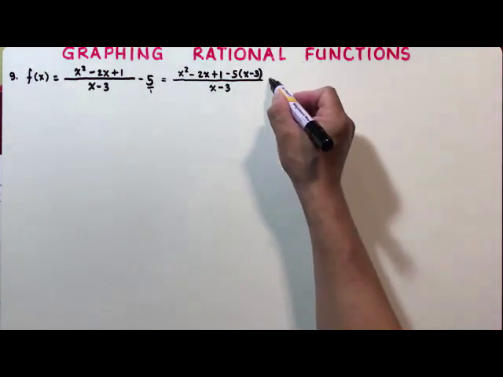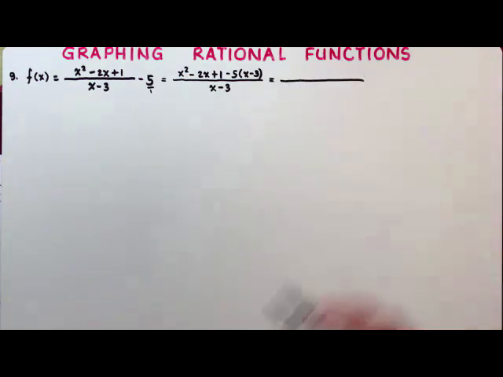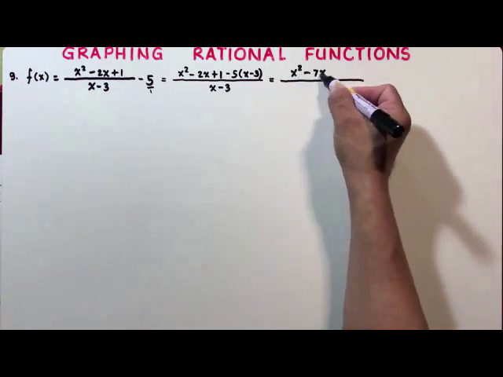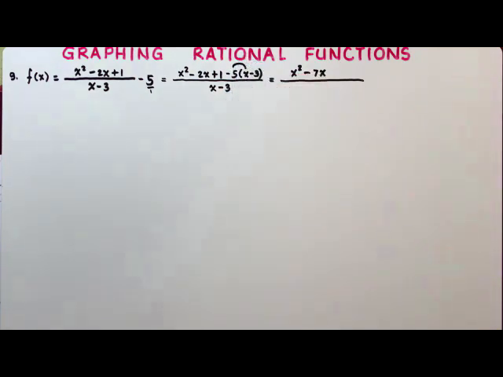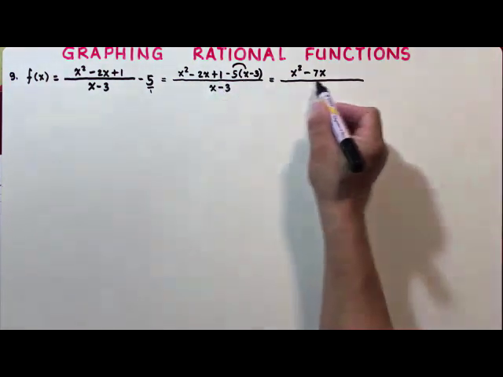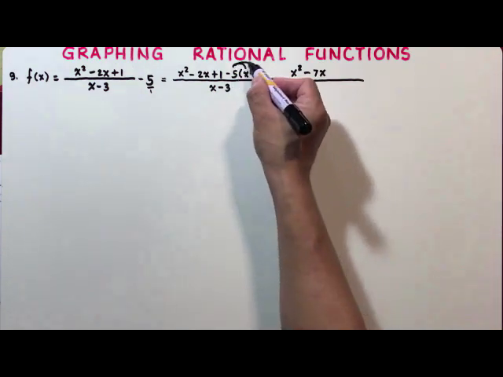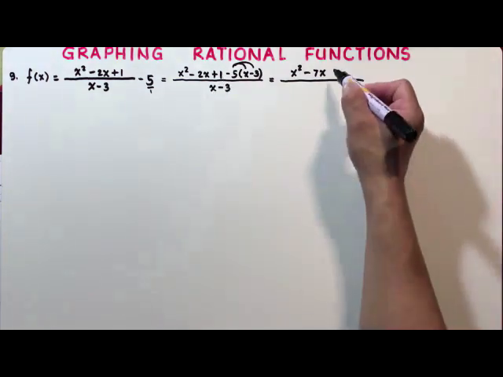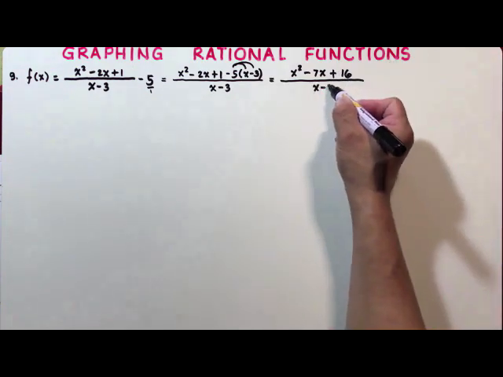So simplifying this function, we have here x squared minus 7x. Why? Because if you distribute -5 to x, that is -5x, and we have here minus 2x. So minus 2x minus 5x, that is minus 7x. And then we distribute also -5 to -3, and the product is positive 15, plus 1, that becomes positive 16, over x minus 3.